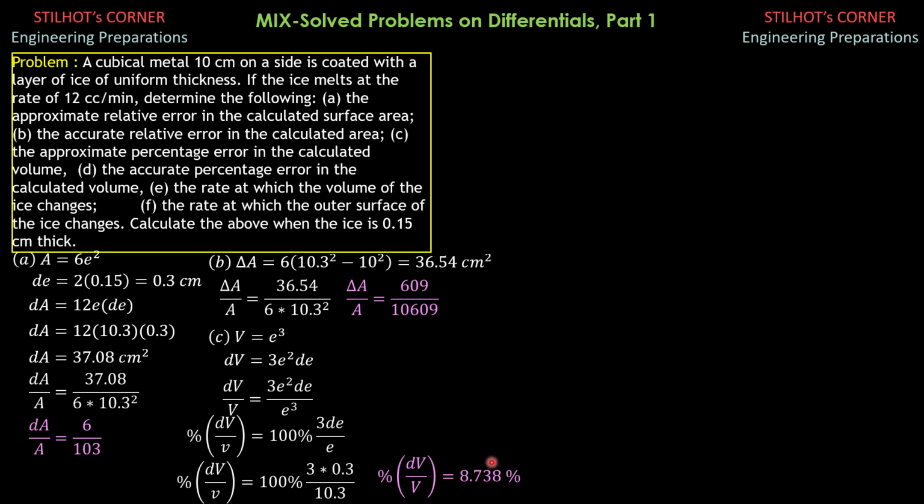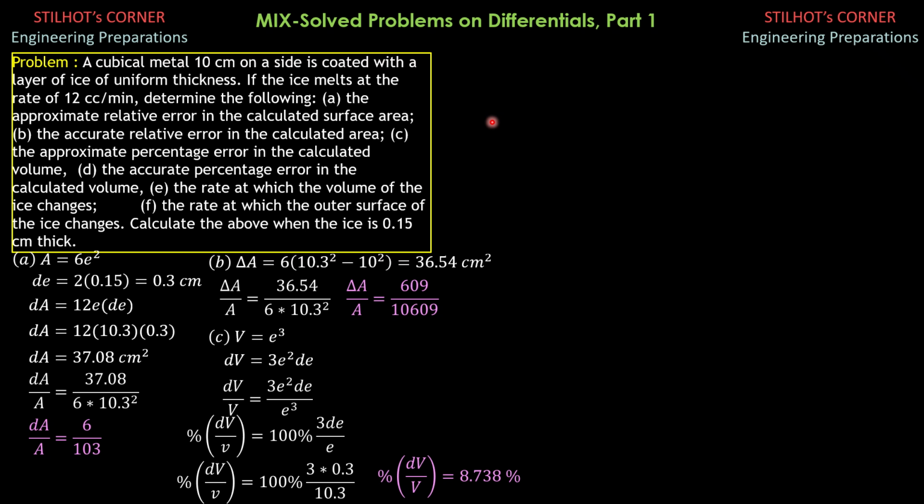This is quite high as an error. So the percentage error in the calculated volume would be low if the thickness of the ice coating is also low. So next is the accurate percentage error in the calculated volume.